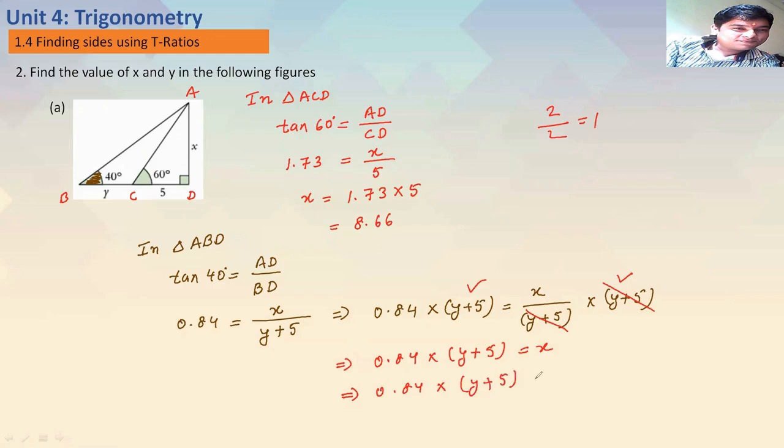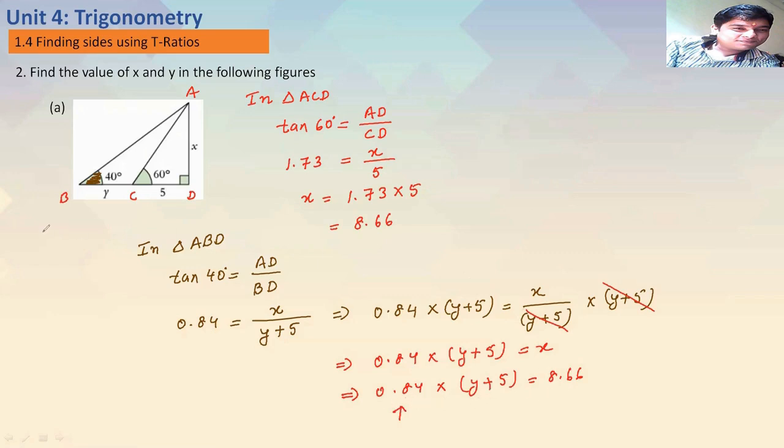Y plus 5 equal to 8.66. Fantastic. What now? So to find Y plus 5, do we need to divide? Yes, we have to divide both the sides by 0.84.